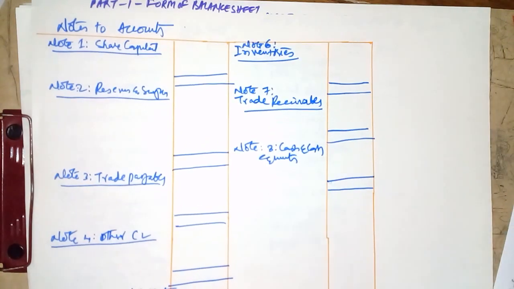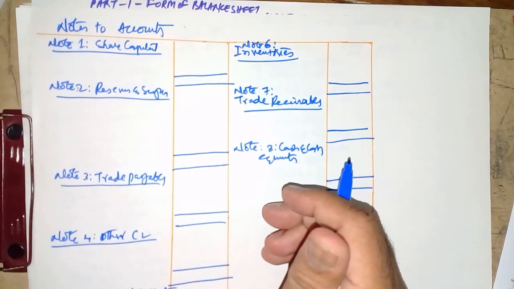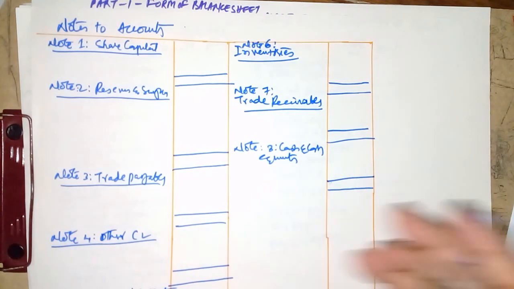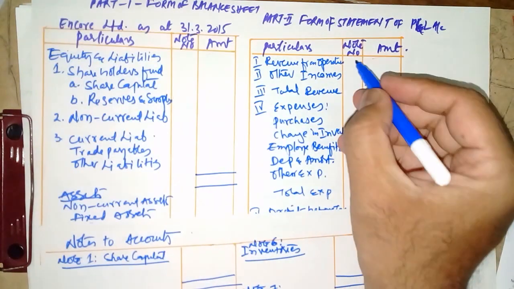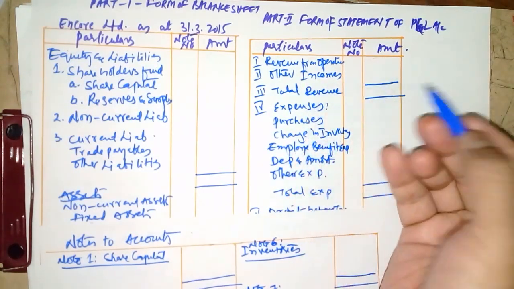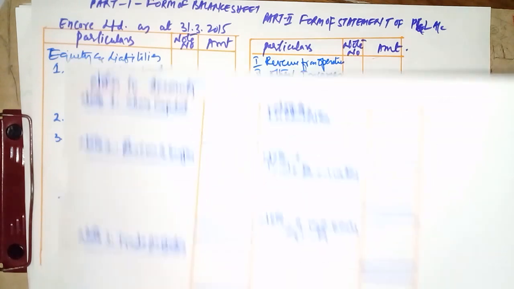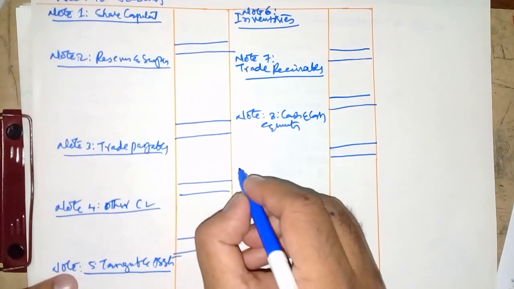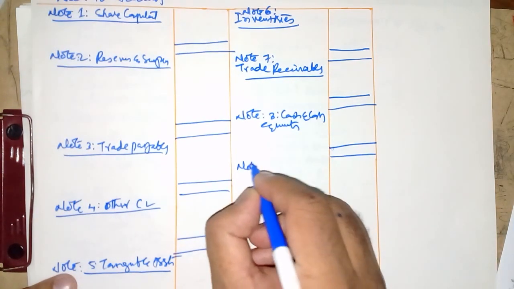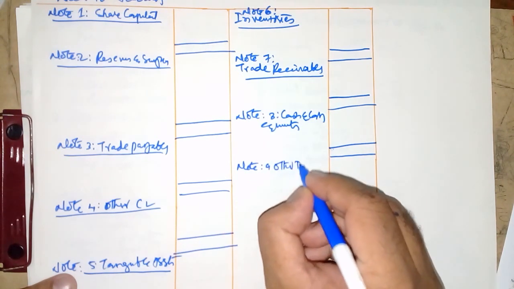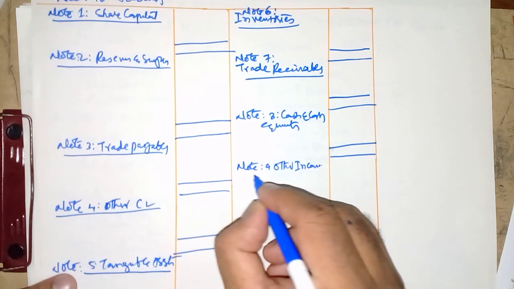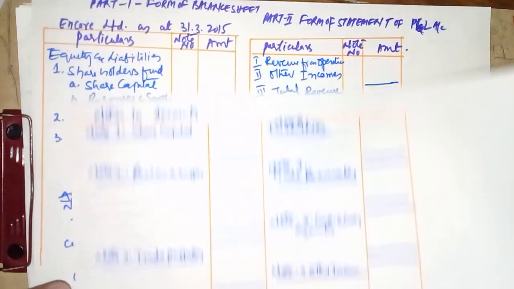Revenue from operations I'm not writing because sales is directly given. Other incomes we can make, right? So note number 9, other incomes, right?